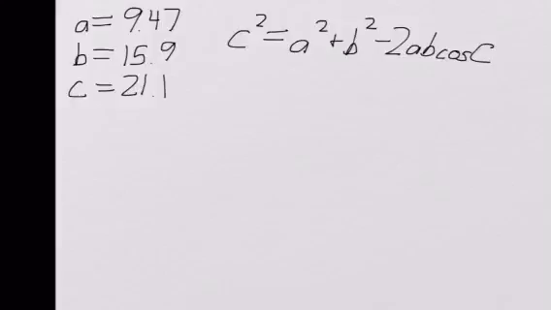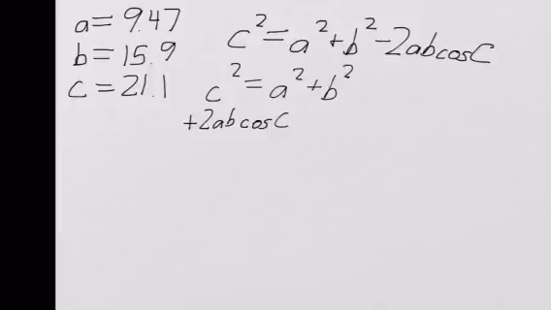So I'm going to first add 2AB cosine C to both sides to make my life easier. Whoops. C squared plus 2AB cosine C. I forgot to put that in there.